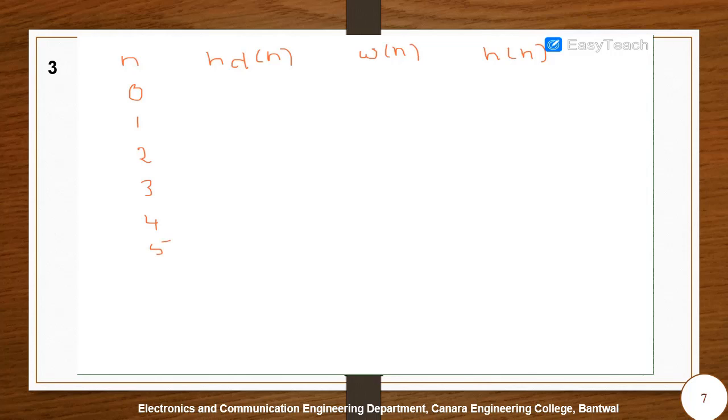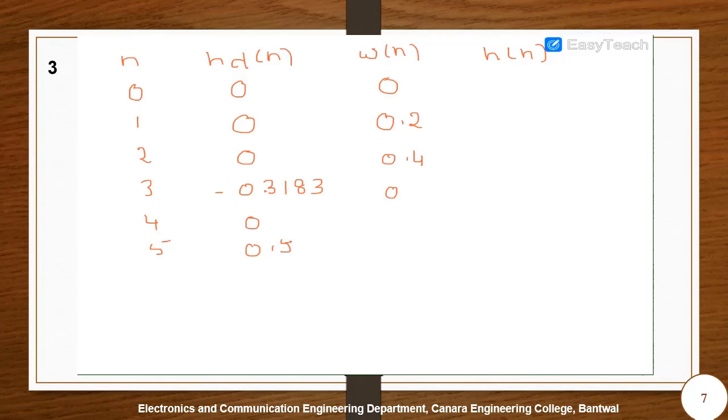hd of n: 0 is 0, 1 is 0, 2 is 0, 3 is minus 0.3183 and 4 is 0, 5 is 0.5. Whereas w of n, Bartlett window function, n value 0 is 0, n value 1 is 0.2 and n value 2 is 0.4.